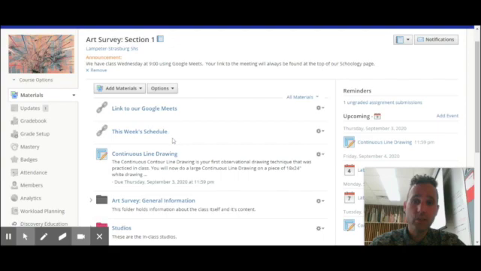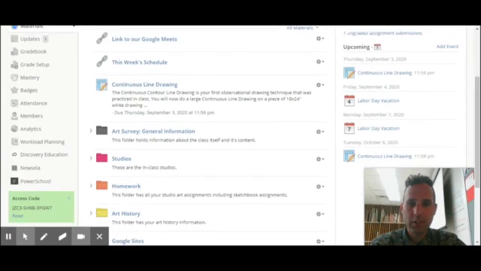Underneath that is the week schedule. At any point they're not sure what they're supposed to be doing, this is the week highlighted with all kinds of links and everything on it. This is updated every single week so that they have quick access to make sure they know what they should be working on. Below that will be the most recent assignments, the assignments that they should be working on currently. As those assignments are finished, they are put into the folders below.